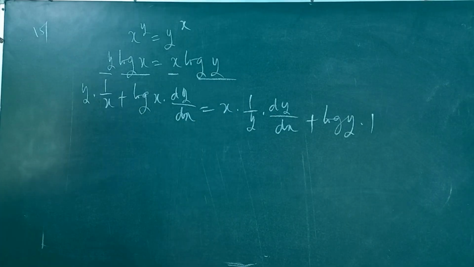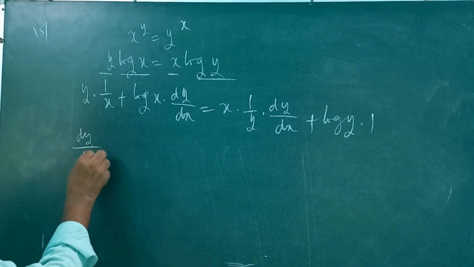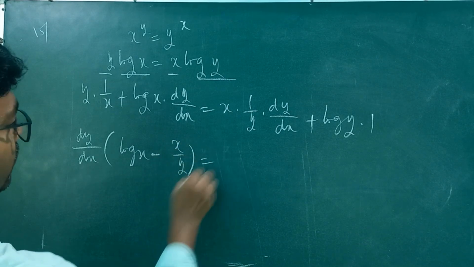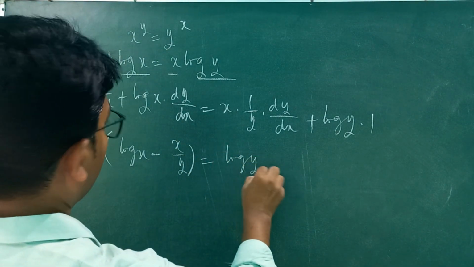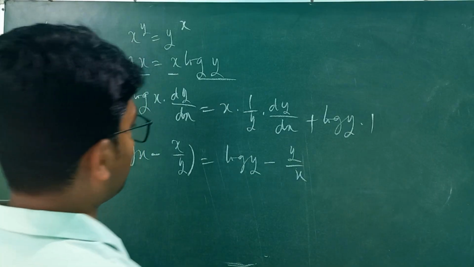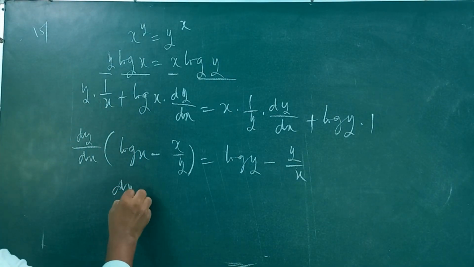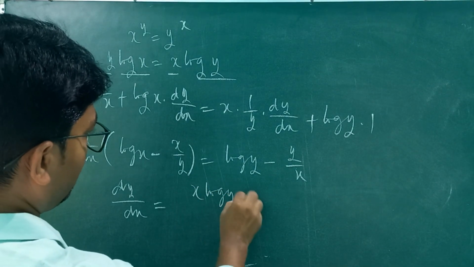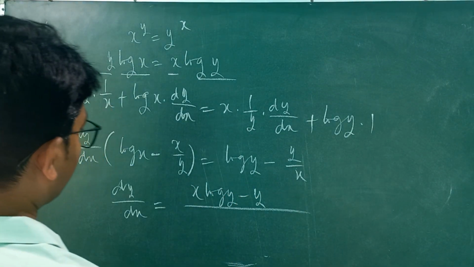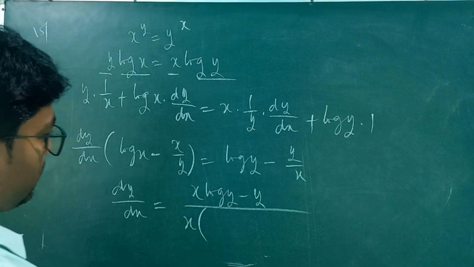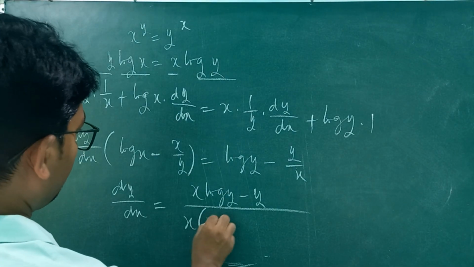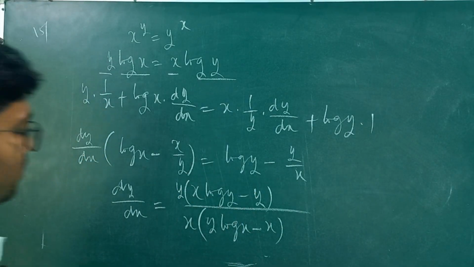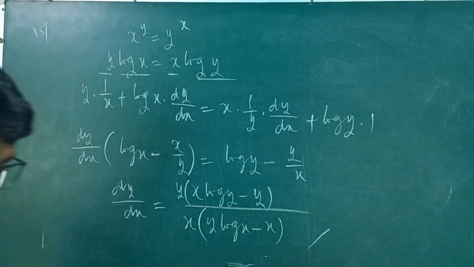Take all the dy by dx terms to the left side: log x minus x by y equals log y minus y by x. So what is dy by dx? If you calculate, it is y by x times (x log y minus y) divided by (y log x minus x). So this one is your result.